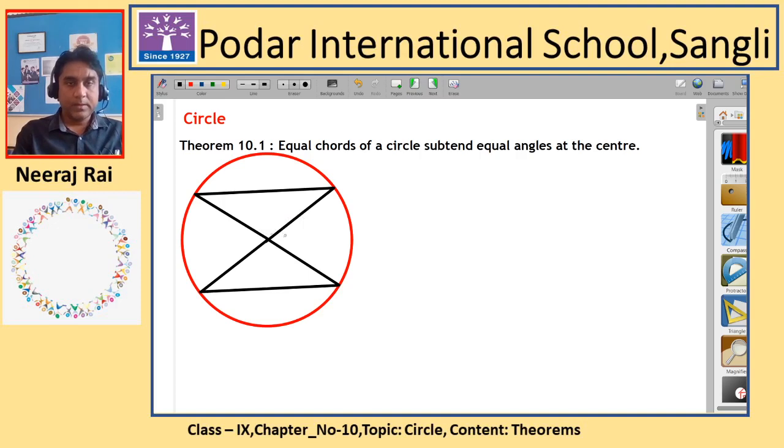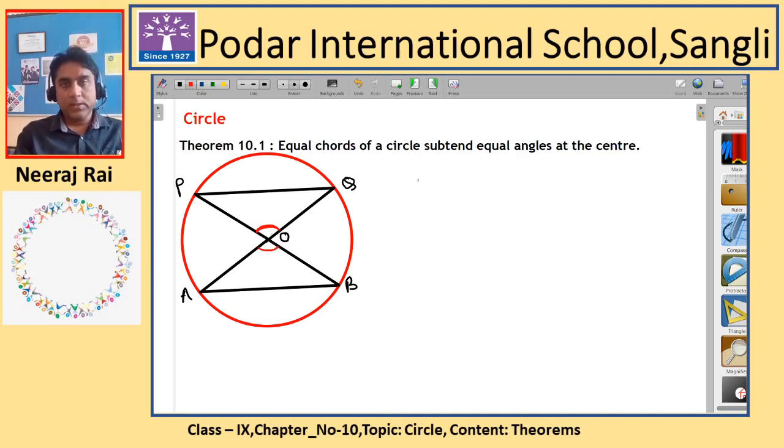Let the center be O, and let this chord be AB and this chord be PQ. What we have to prove is that the angle subtended by both chords at the center is equal. That means this angle POQ is equal to AOB. That we need to prove.